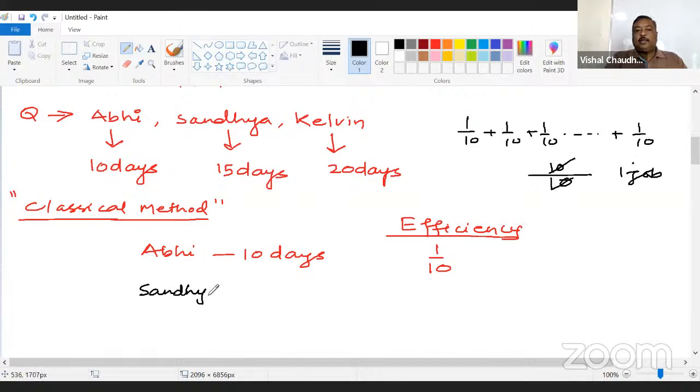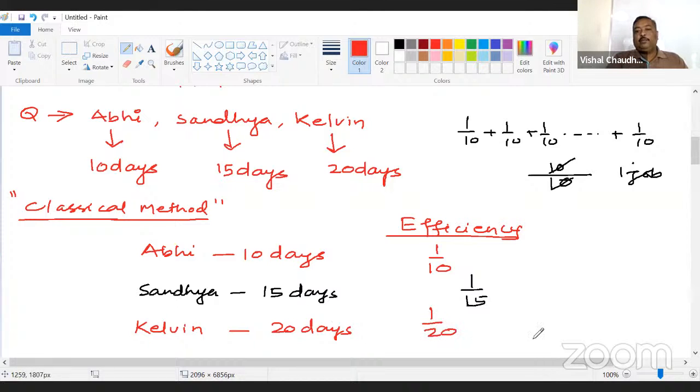We have a lady, Sandhya, who can complete it in 15 days. So her efficiency will be 1 by 15. And again, we have Kelvin, who will be doing it in 20 days. That means his efficiency will be 1 by 20.